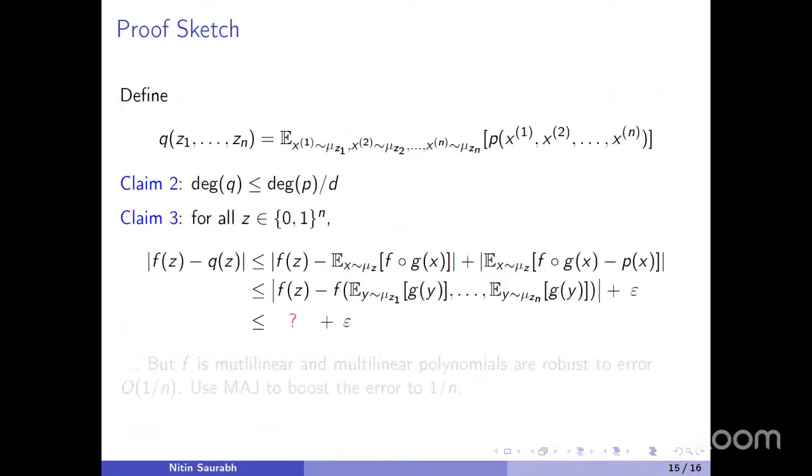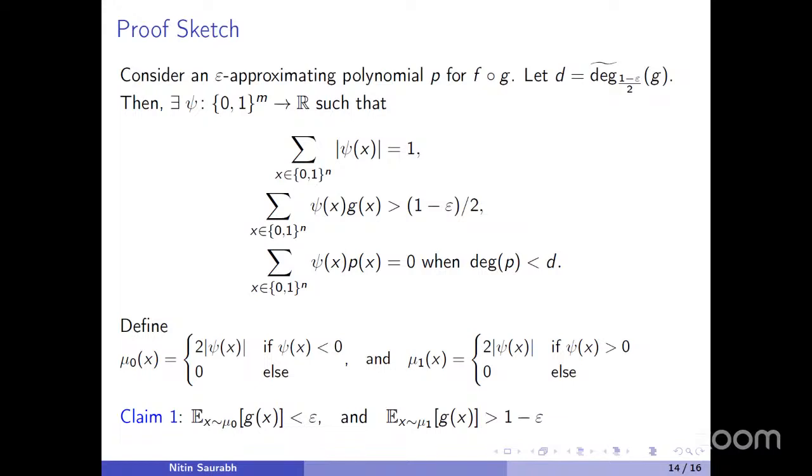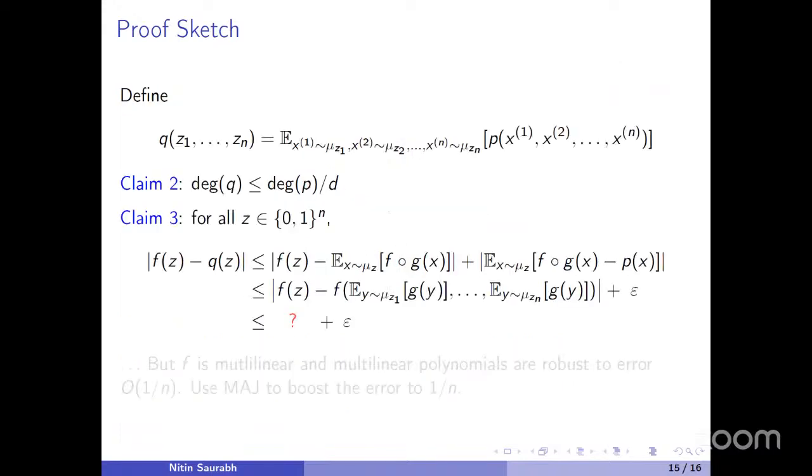Once you have that property of these two distributions, let's see how to make a polynomial for the outer function using these distributions. Suppose q is going to be my polynomial that will approximate the outer function. I want to evaluate q at some n-bit input z1 to zn. Given that input, I sample inputs from these distributions mu0, mu1 that I have defined.